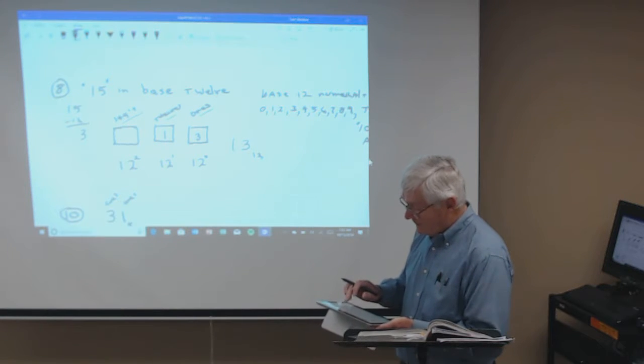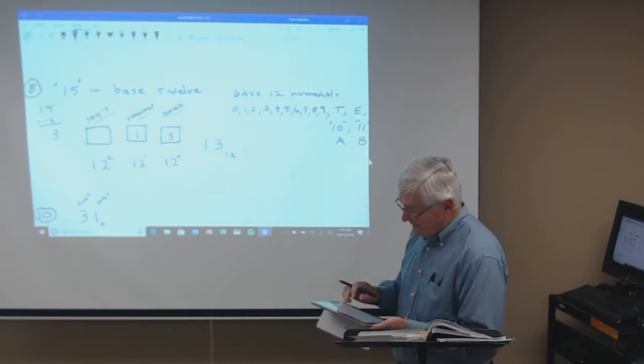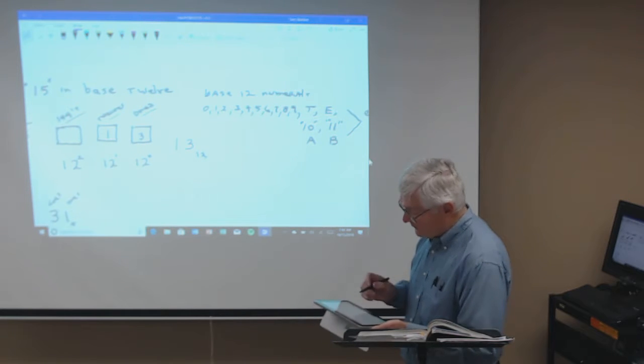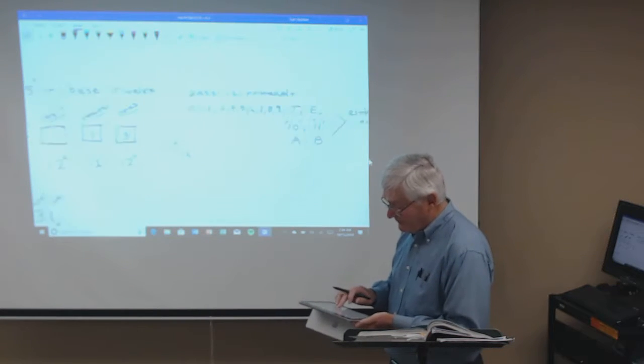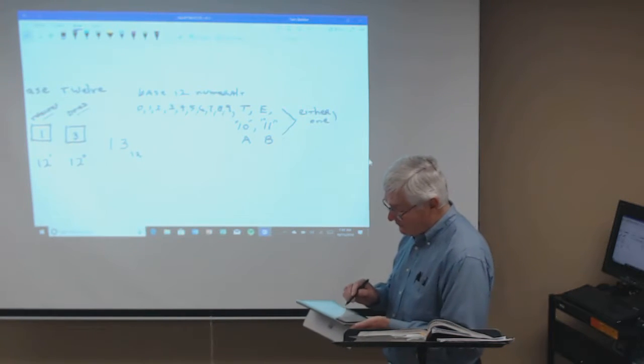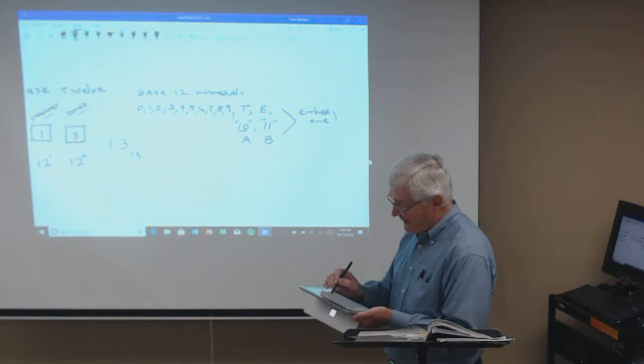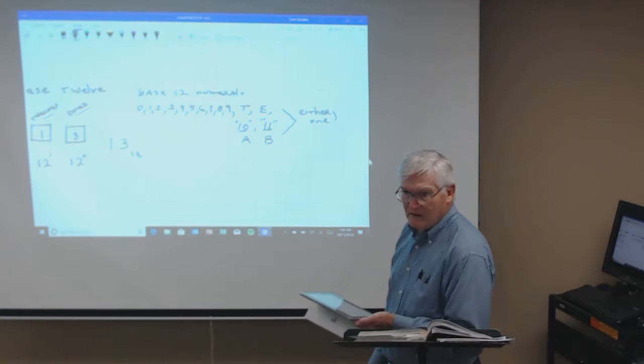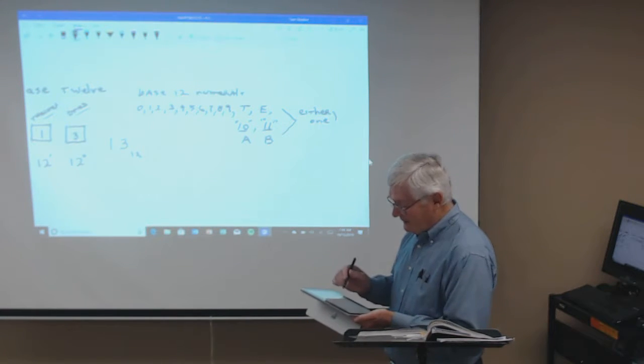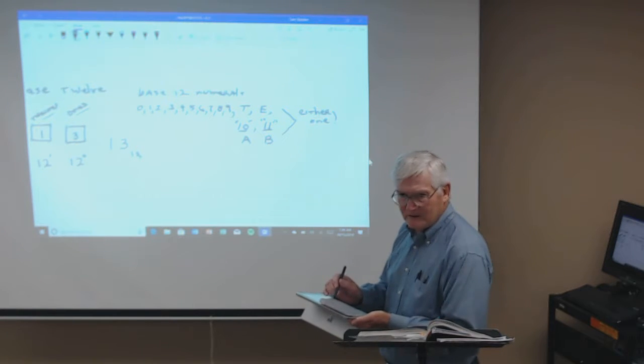And over here to the right, I've written the numerals for base 12. 0, 1, 2, 3, 4, 5, 6, 7, 8, 9. And then after 9 would be 10 and 11. But you see how difficult that would be if you had 2 digits for one place?